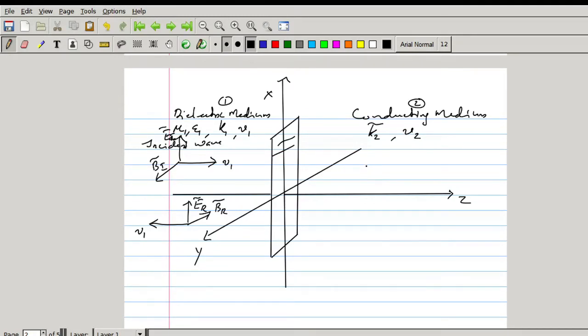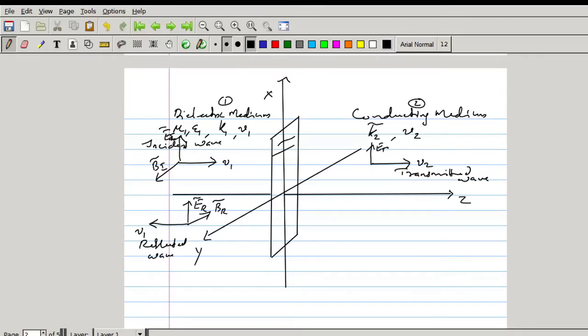Some part of the wave will be transmitted, so this represents the transmitted wave, and this one represents the reflected wave. This is the direction of propagation of the transmitted wave, with velocity v2 and its electric field vector.